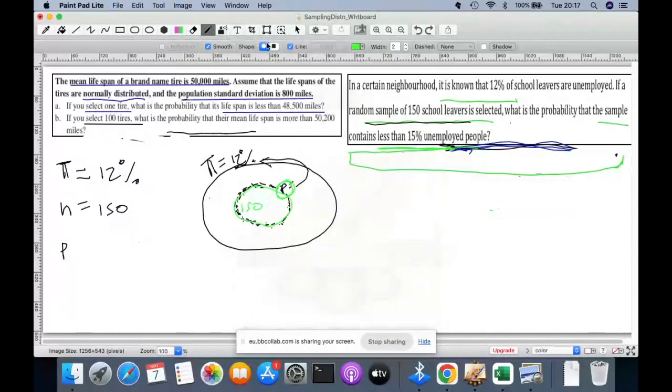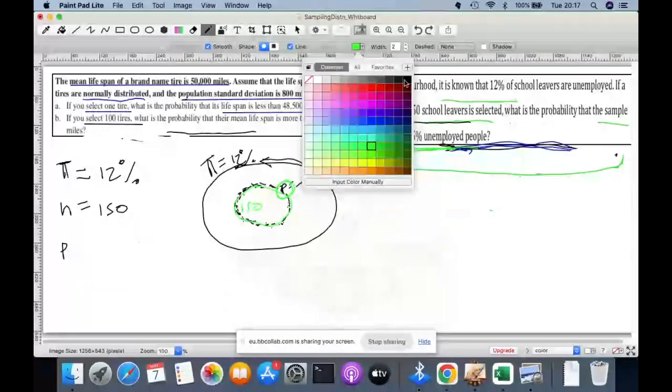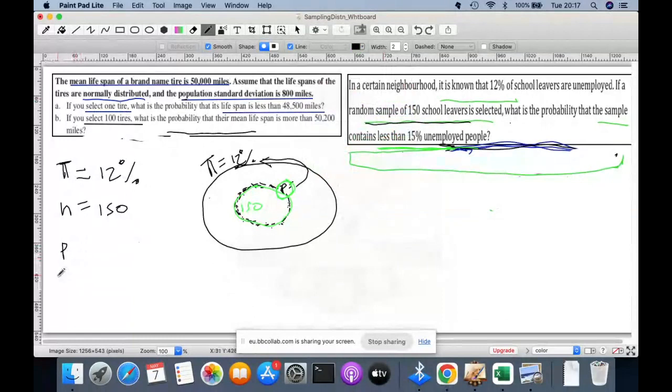That's what they're asking you. So I'm going to change this color to black again. They want to know what is the probability that this p-value here is less than, as the question says, 15%.